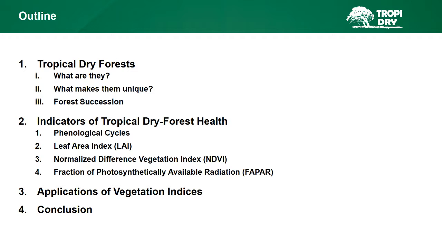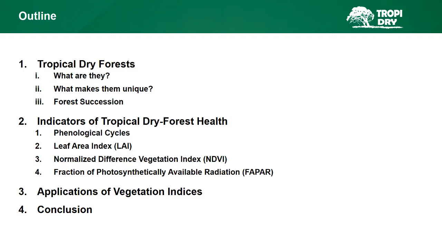So, our first subject will be setting up what are tropical dry forests, what makes them unique, and then trying to understand how forest succession works. This is especially important for tropical dry forests, seeing as a lot of their historical range that they used to occupy has been cut down.